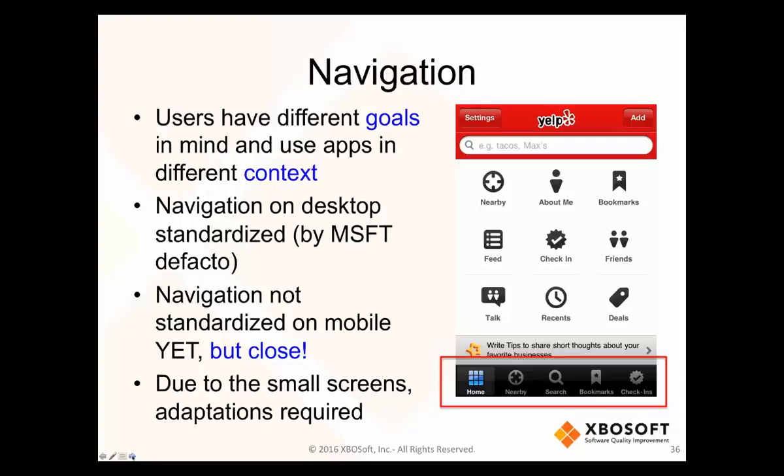If you look at this application, this is the Yelp application. What's interesting to note is that navigation has really not yet been standard on a mobile app, and so it's starting to get standardized. You can see that I highlighted the menu bar on the bottom here, and this is the beginnings of what I call de facto standardization, where a lot of apps now are showing up with this menu bar on the bottom.